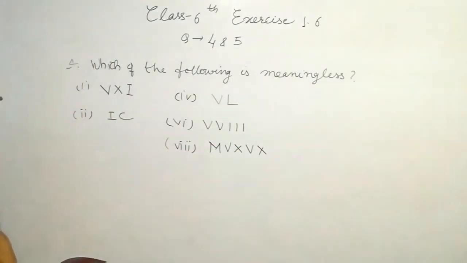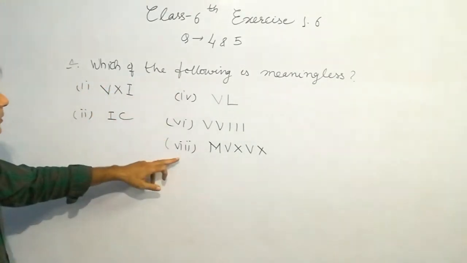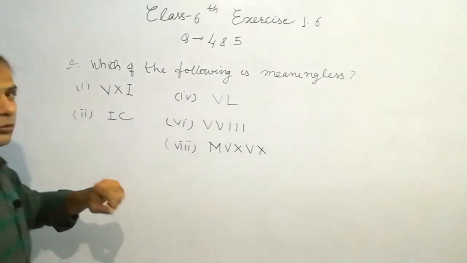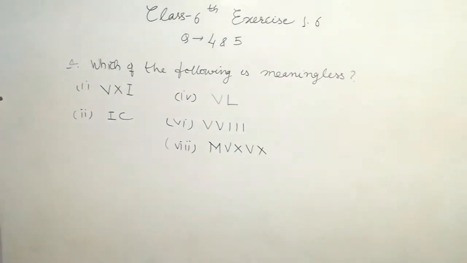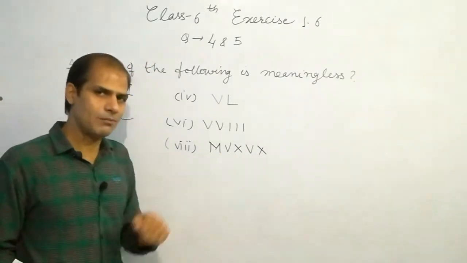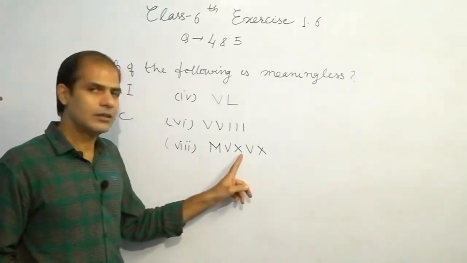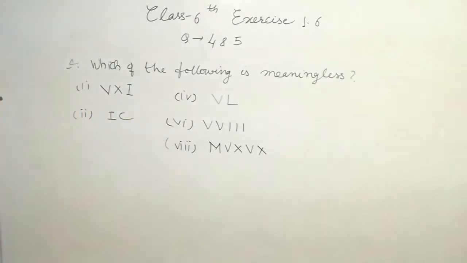So the properties used in first, fourth and 8th is related to V and it is same. What is that? V cannot be written before the symbol of greater value. So here we have mentioned V before X. It is 10, it is 5, it is not allowed. So these options don't have any meaning. So the answers are first, second, fourth, sixth and 8th.